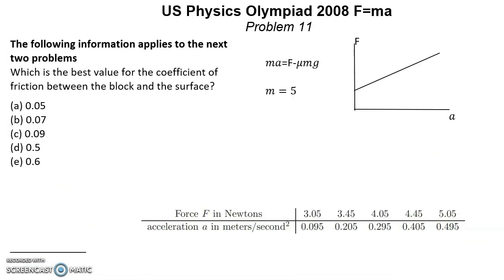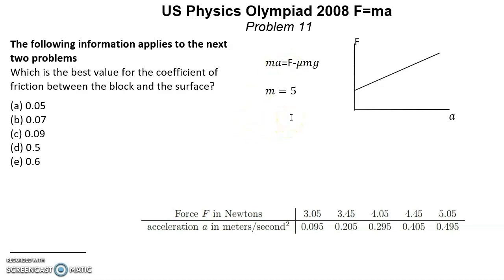Problem number 11. We have the same setup as for the previous problem, number 10, but the question is this. Which is the best value of the coefficient of friction between the block and the surface? Again, to solve this problem, we can use this equation, ma equal F minus mu mg. And now we already found the mass.